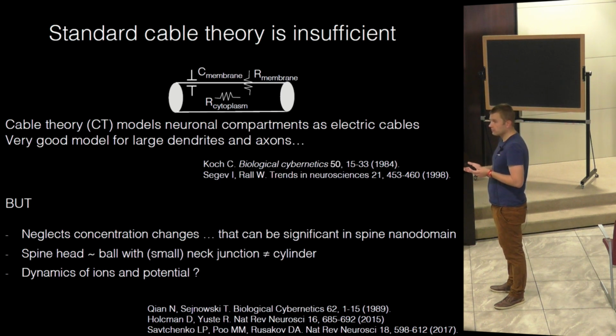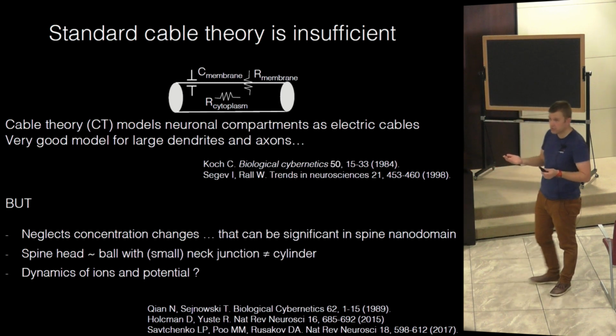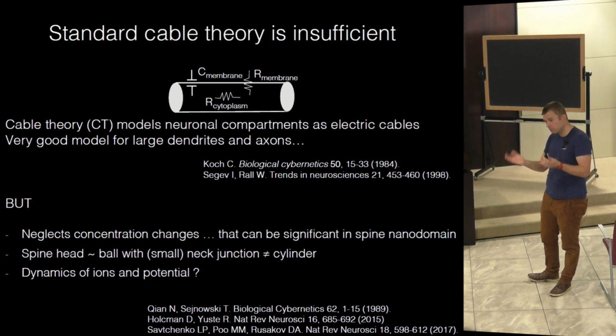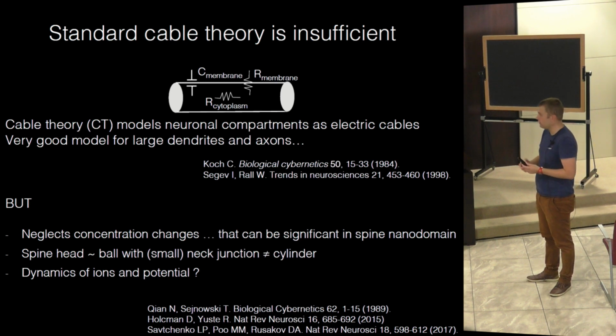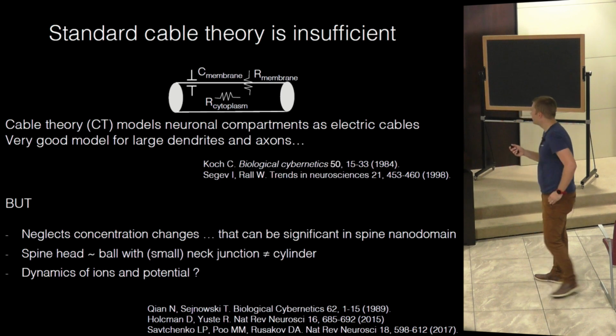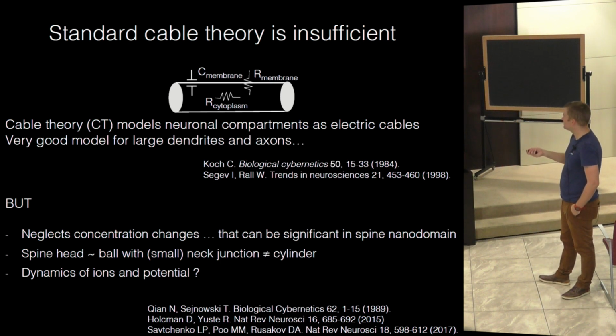Typically, it neglects every potential change in concentration, which is true for large compartments, but not for femtoliter compartments such as dendritic spines. Here the spine head is more a ball than a cylinder, and it changes the analysis. And it does not really couple the dynamics of ions and potential, especially when you account for this concentration change.